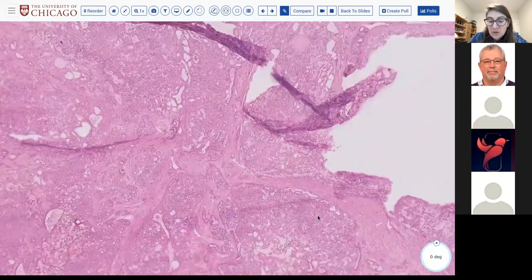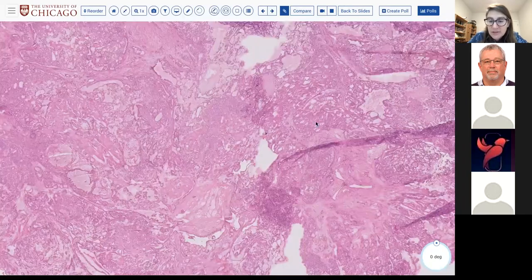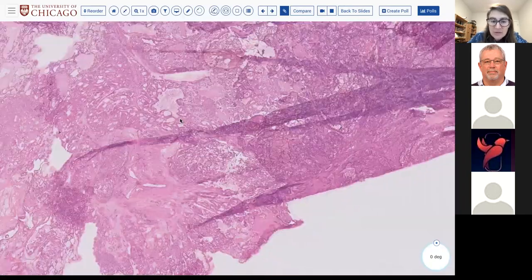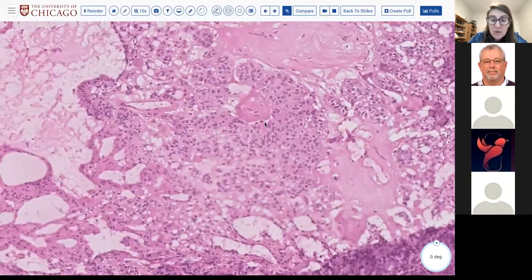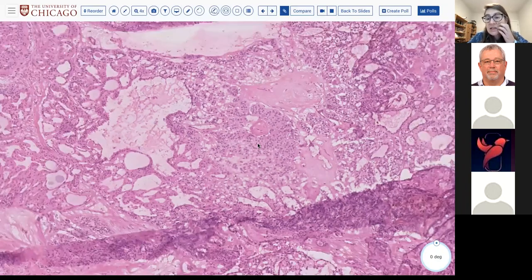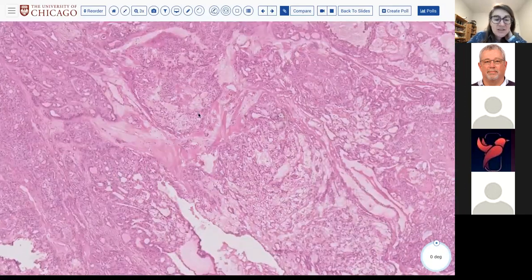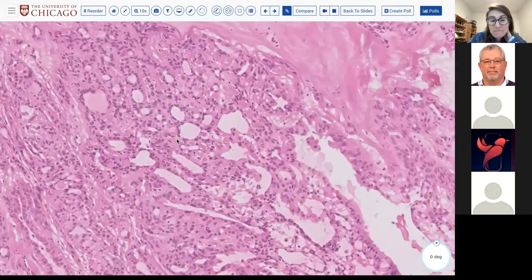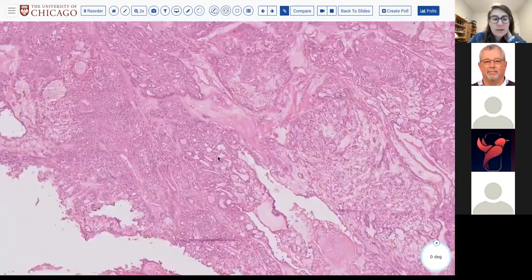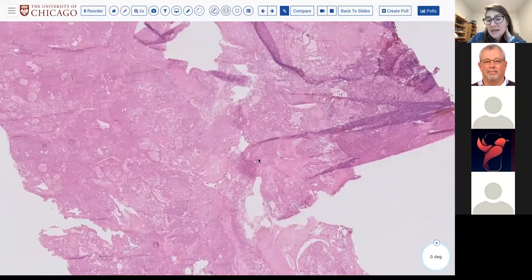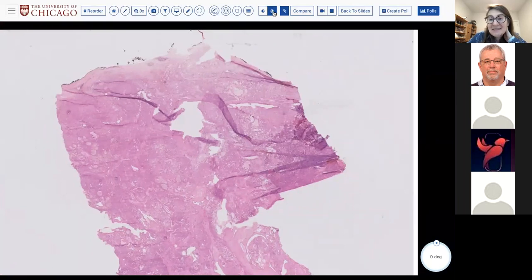If anybody wants to throw out our differential in the chat, please feel free. Otherwise, I will just move on. So this was called a low-grade salivary neoplasm. The person at the time of frozen favored this to be a pleomorphic adenoma, probably because that's the most common tumor that we see.